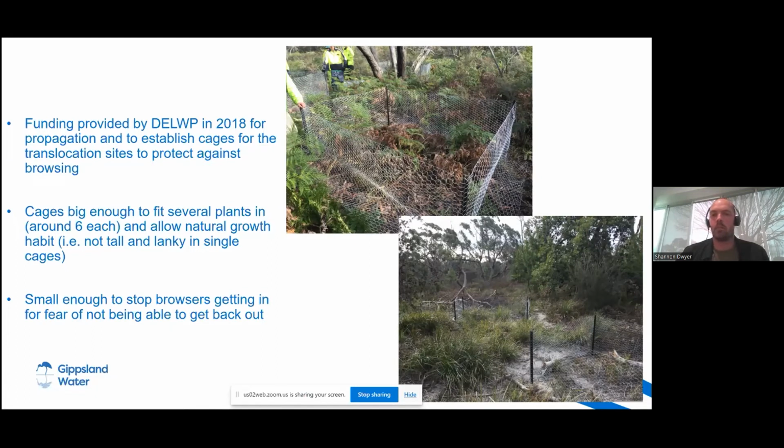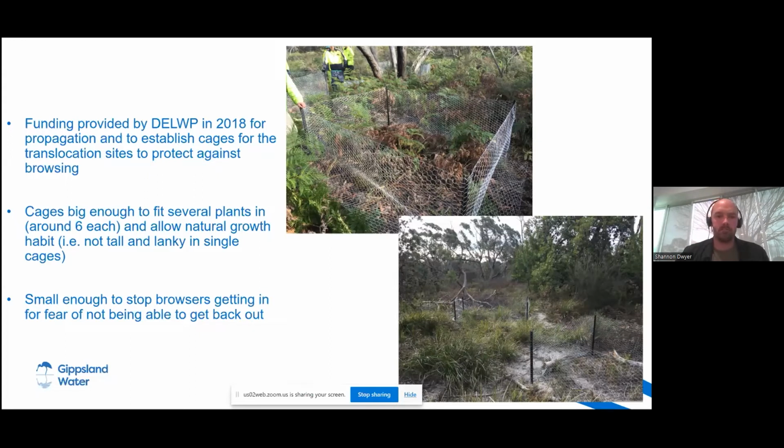So keeping out the native fauna and the pest fauna was critical to making sure this was going to be a success. And so the design of these cages, there was a bit of thought put in, although they're pretty basic in their construction.